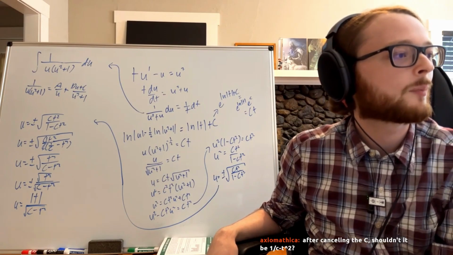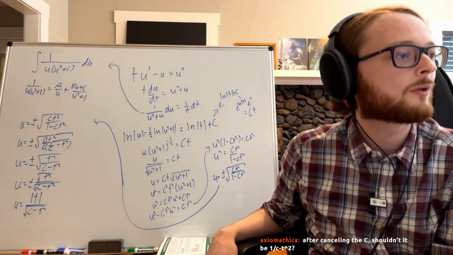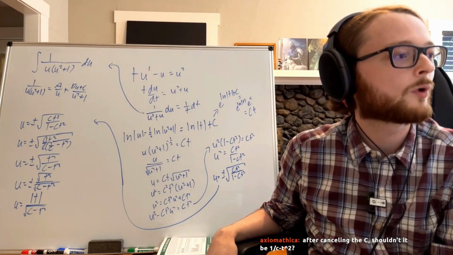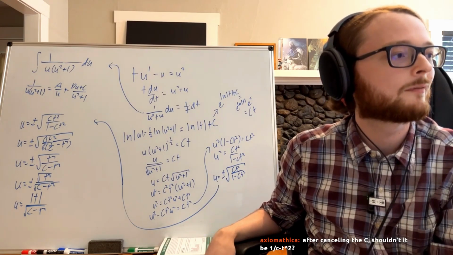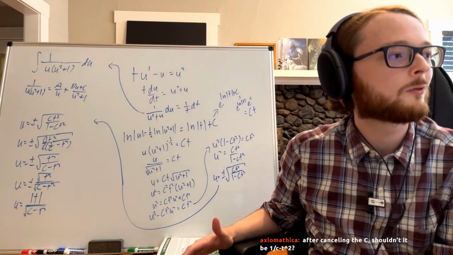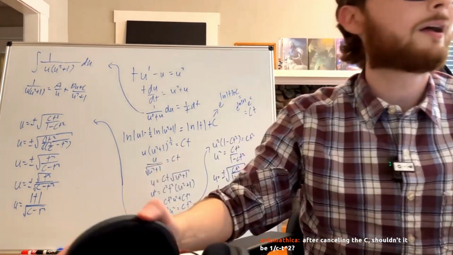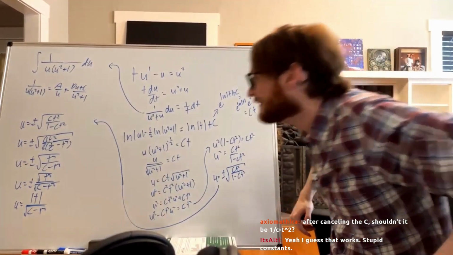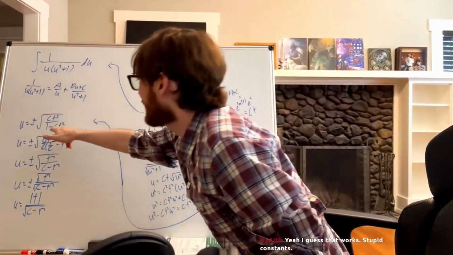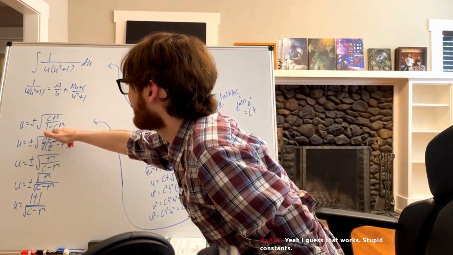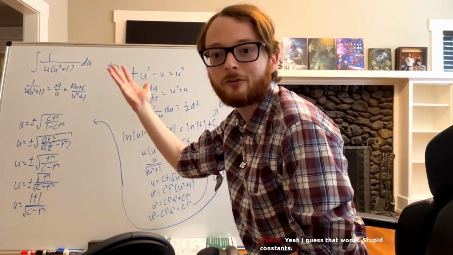Hey, Axiomathica. The canceling C should be 1 over C minus T squared. Technically, yes. 1 over C is still just a constant, though, so I'm being a little lazy, but you can just call that C again. Okay, so I think what they did is they called this 1 plus negative C, and negative C is another constant, so you just call it C again.